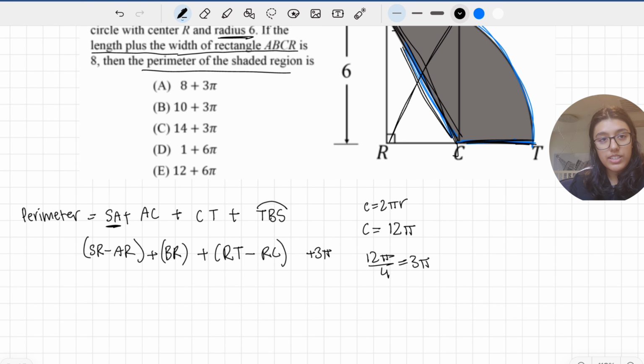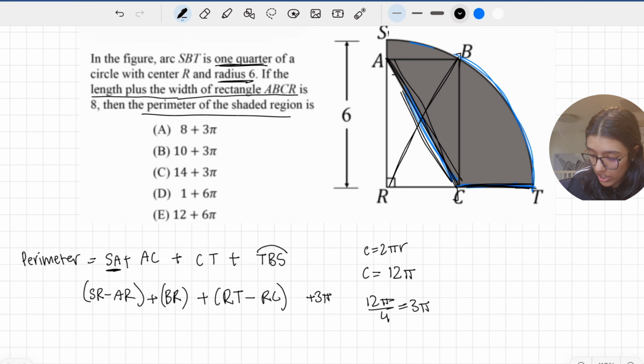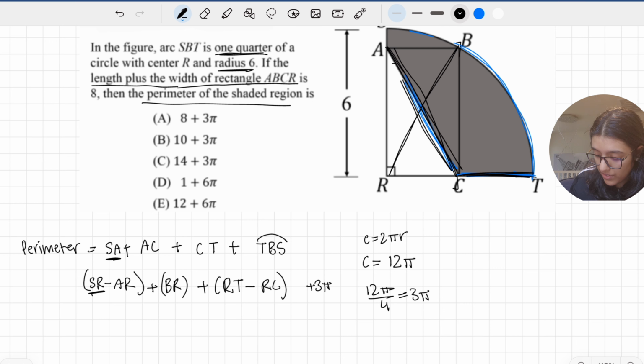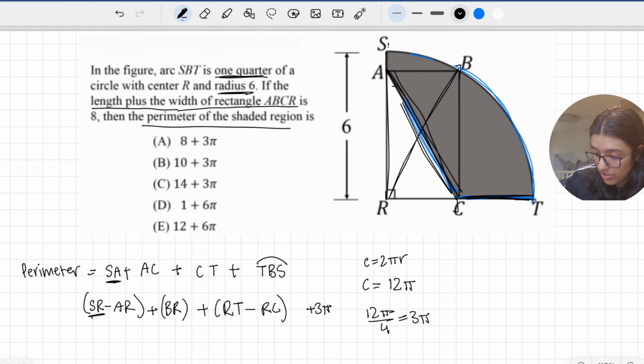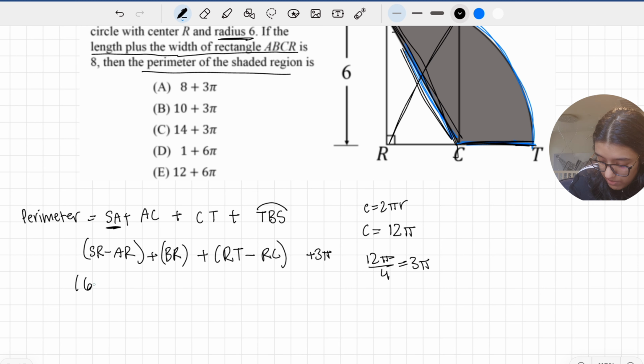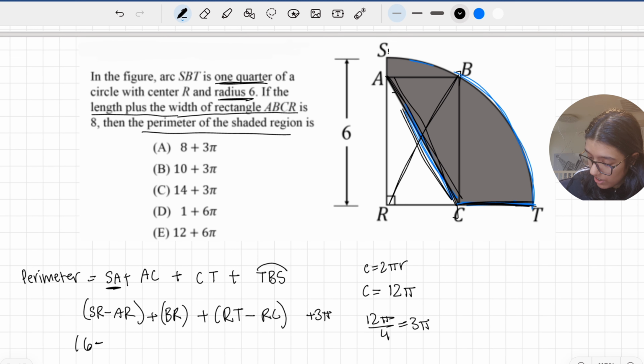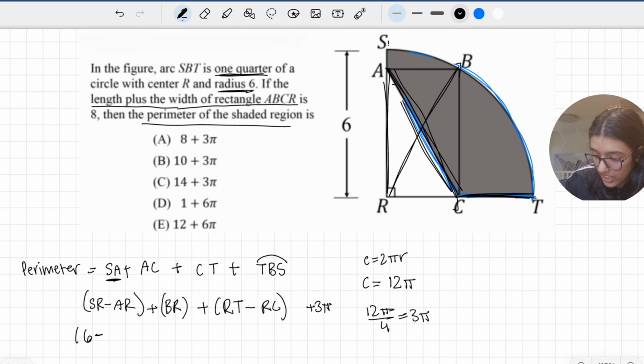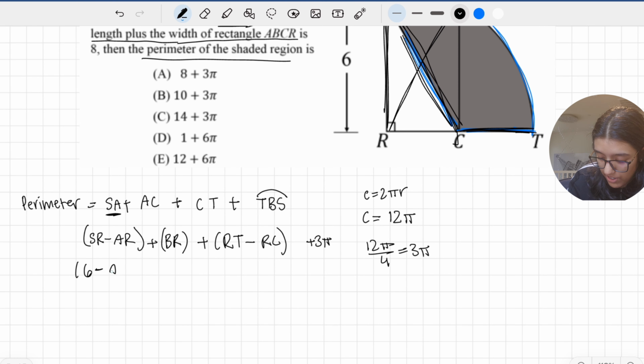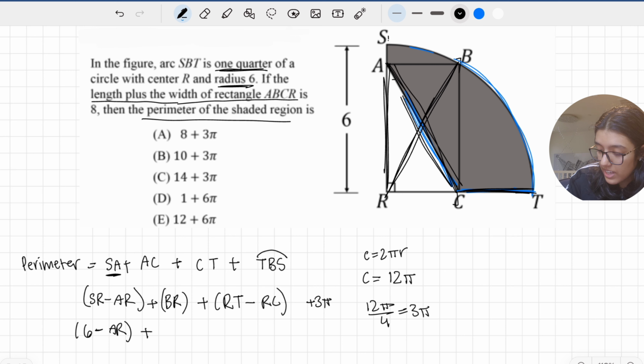Now, let's see what we can find after this. So we know that SR is what? SR over here, we see that is 6 units, as seen over here. So 6 minus AR. We don't know AR just yet, so let's hold off on that for now. Plus BR. BR is this, and it already says the radius is 6.